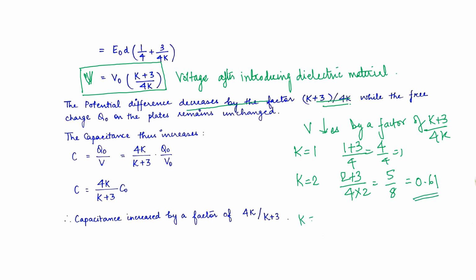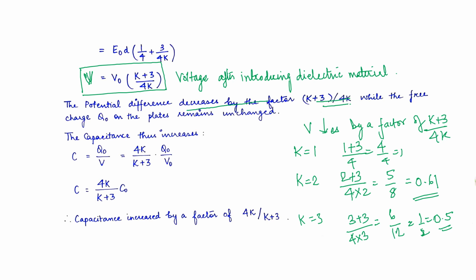If K equals 3, it will be 3 plus 3 upon 4 into 3, that is 6 upon 12, which is 1 by 2, that is 0.5, further decreased. As the dielectric constant increases, this factor shows a decreasing trend, and hence the potential will also decrease.